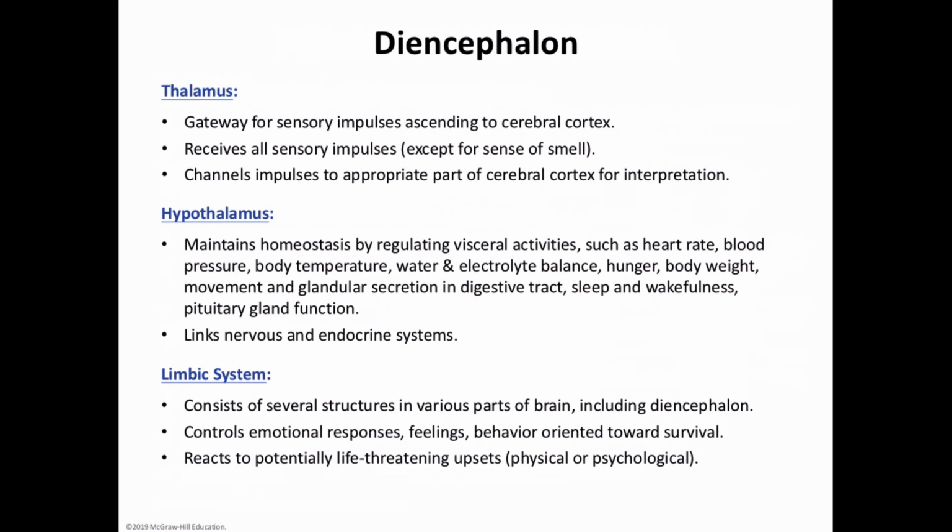ADH causes our kidneys to retain water, the reabsorption of water, and thereafter your urine becomes more concentrated. The same conditions also stimulate the hypothalamic neurons in the thirst center, causing us to feel thirsty and drink more fluids.